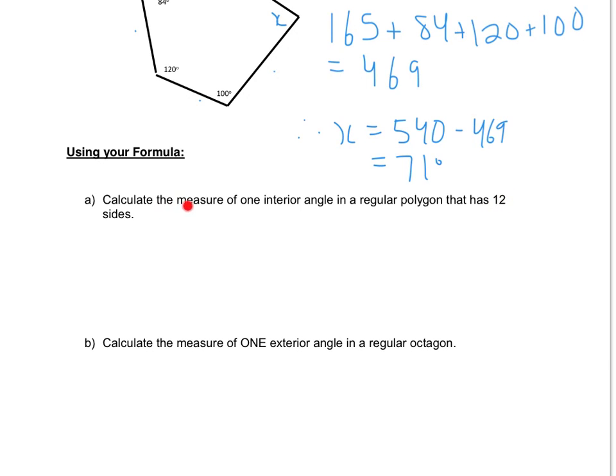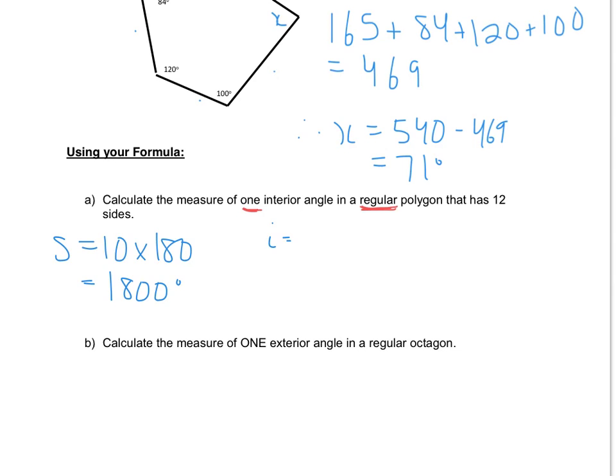So here we are asked to calculate one interior angle in a regular polygon. So those words are important. You want each angle of a regular polygon. So it's a 12-sided shape, which means there are 10 triangles that will be formed. So 10 times 180 is 1800 degrees. So all 12 angles are going to add to 1800 degrees.